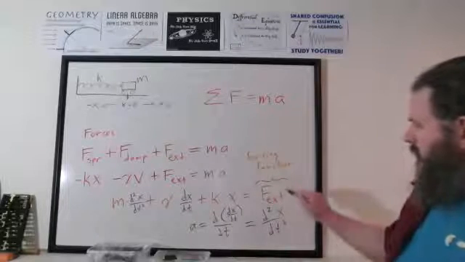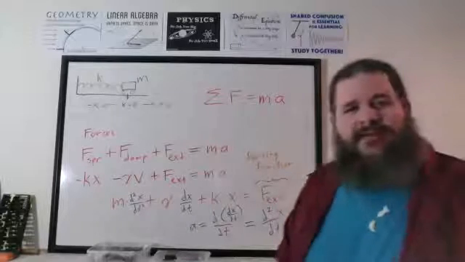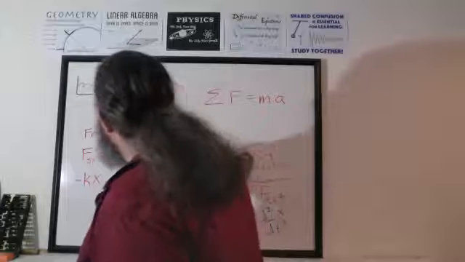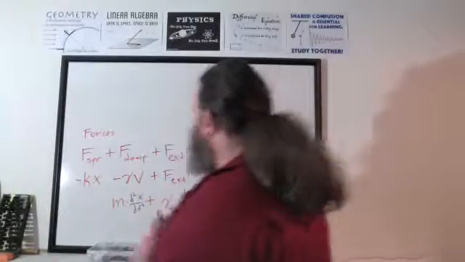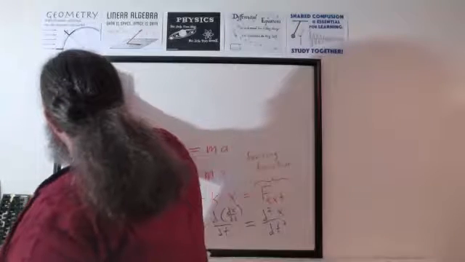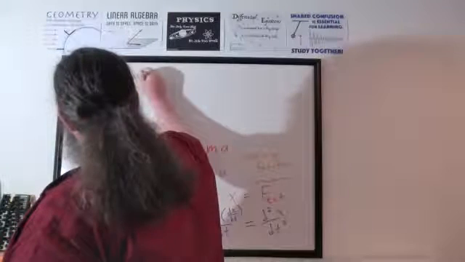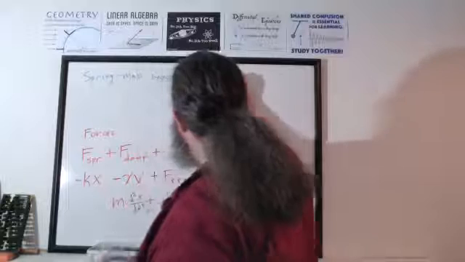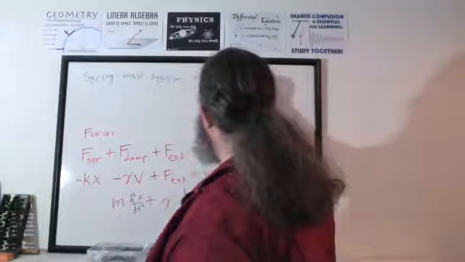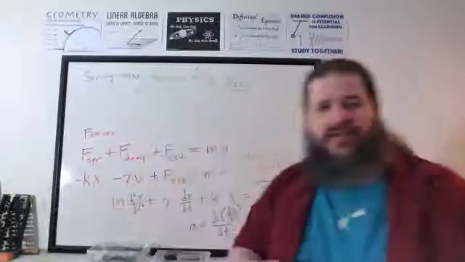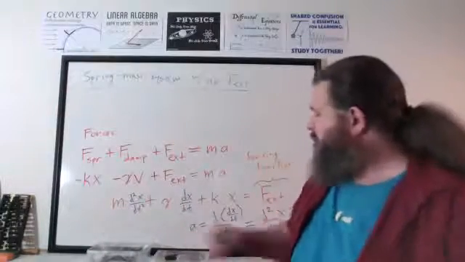And before we get into the forcing function, let's take a look at the behavior without a forcing function. If we have an unforced spring, so if there's no external force, that gives us a homogeneous differential equation.